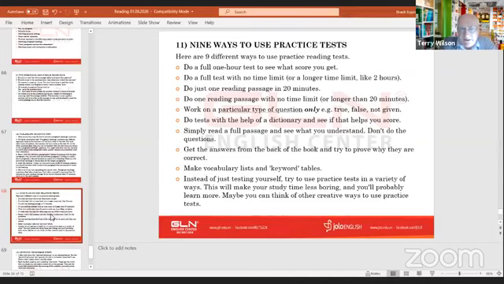Make vocabulary lists and keyword tables. And instead of just testing yourself, try to use practice tests in a variety of ways. This will make your study time less boring, and you'll probably learn more. Maybe you can think of other creative ways to use practice tests.